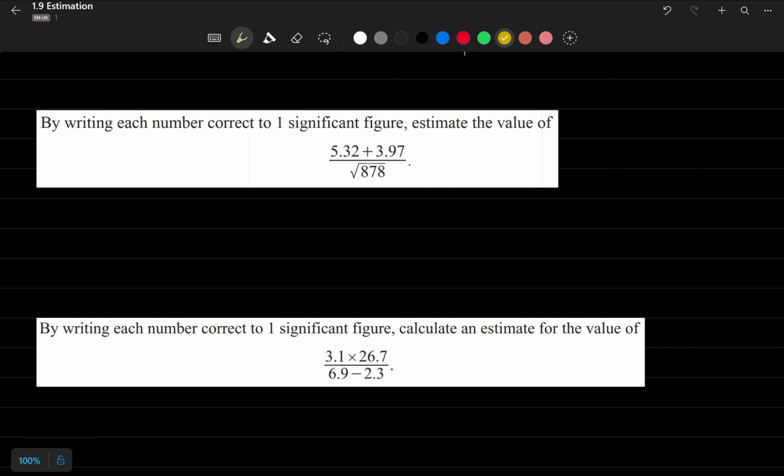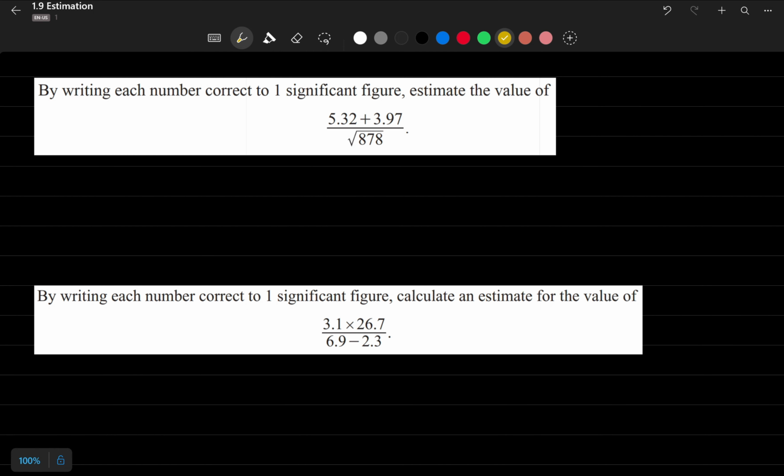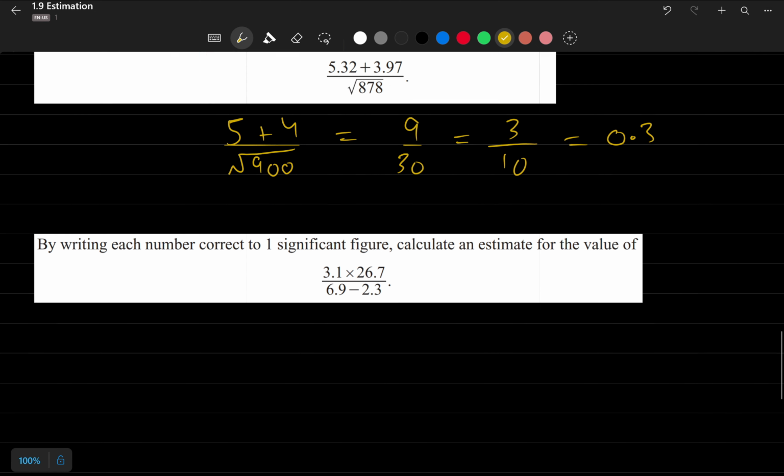The next question suggests by writing each number correct to one significant figure, estimate the value of this. So this remains 5 plus 4 divided by 900. 9 over 30, which gives you 3 over 10, which is equal to 0.3.